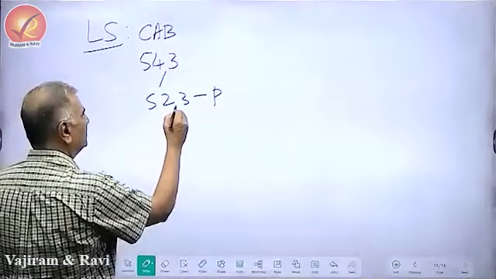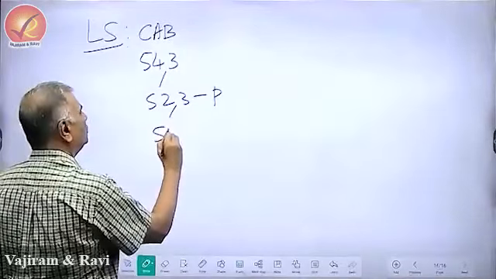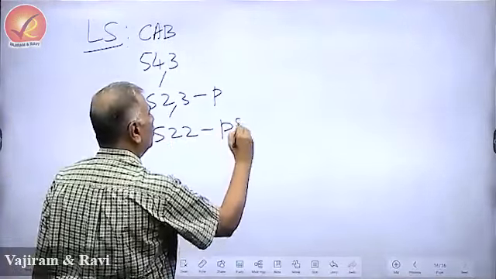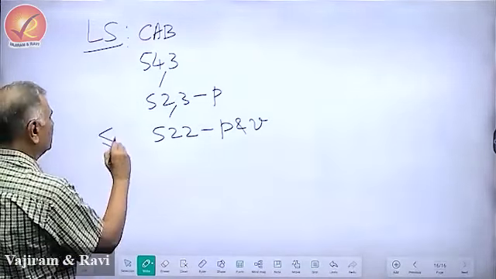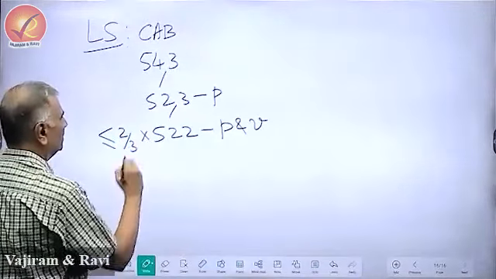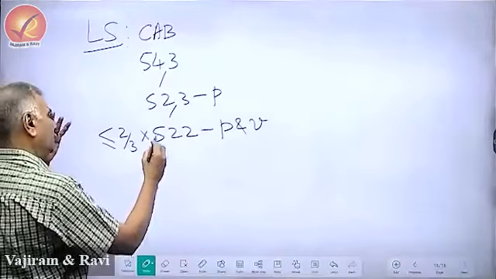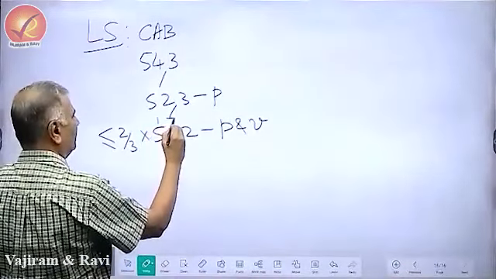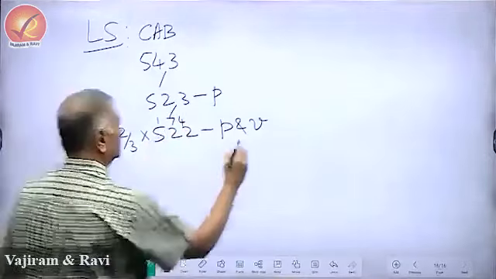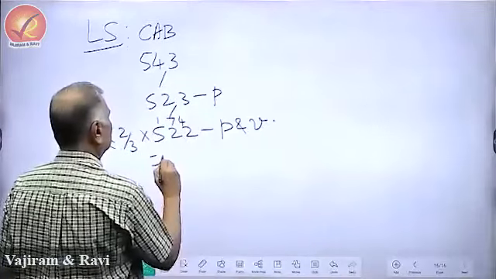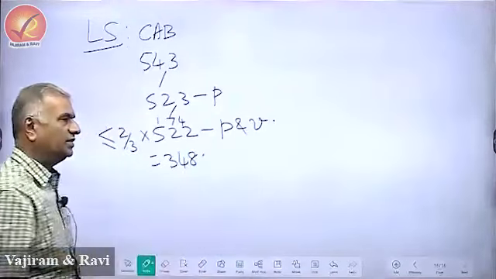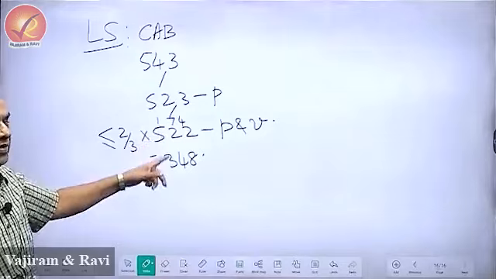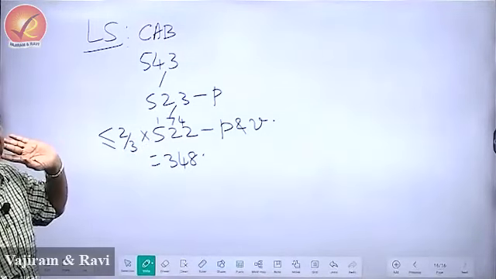And out of these, 522 members actually vote on the constitutional amendment bill. What is not less than 2/3 of this? 174 into 2, so this is 348. So let us say 348 members vote in favor of the constitutional amendment bill.